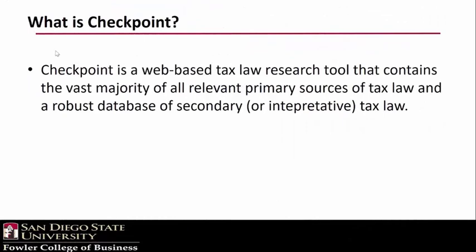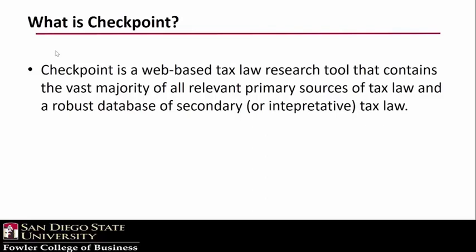Thomson Reuters is a legal information company that years ago bought a product known as RIA Checkpoint. So you'll still hear it referred to occasionally as RIA or RIA Checkpoint. It's a web-based tax law research tool, and it contains the vast majority of all relevant primary sources of tax law and a robust database of secondary or interpretive tax law.